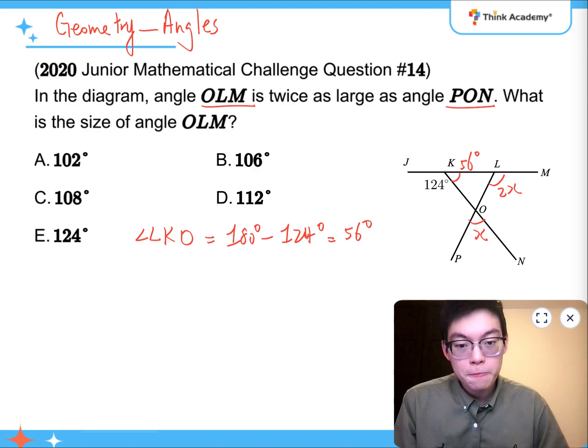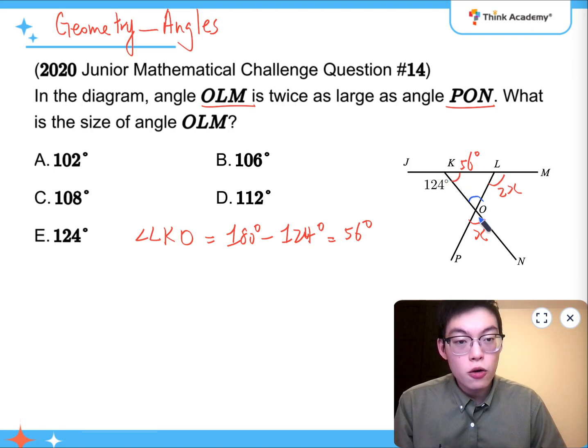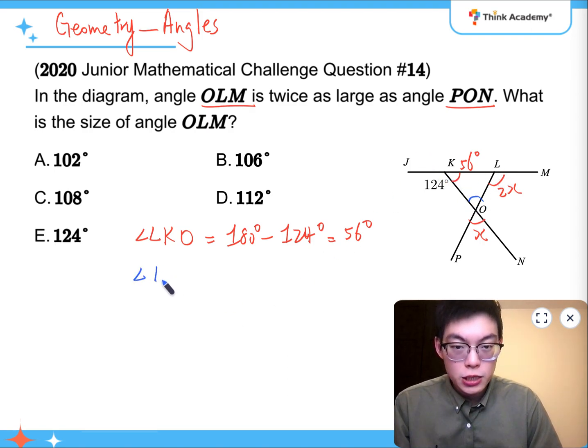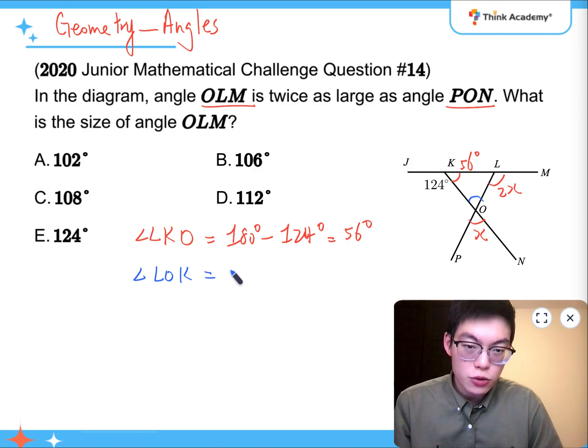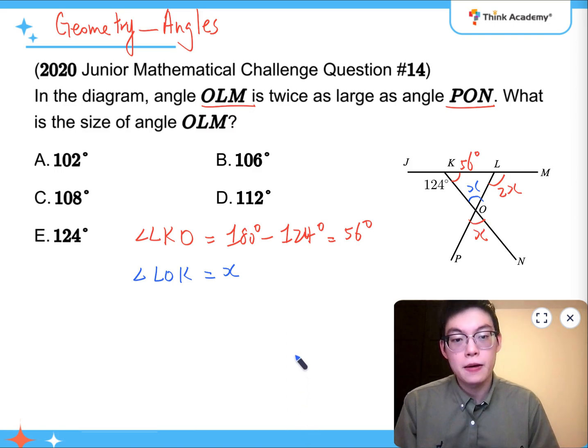That's what we know. The second step is to look at angle LOK, which we also know. Angle LOK is equal to x, because that's the vertically opposite angle of PON.